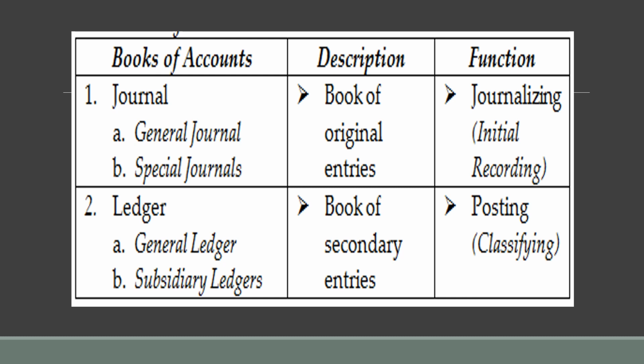So the functions of journals is the journalizing. So we use journals whenever we journalize transactions. So it is used for the initial recording of business transactions, while ledger is used during the posting period. And we use ledgers in classifying business transactions.